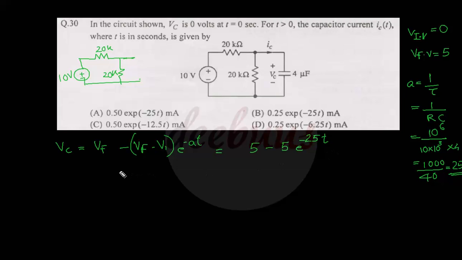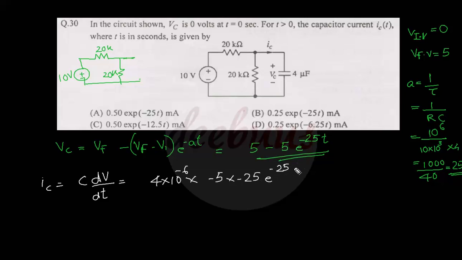This is actually the capacitor voltage, but we have to evaluate the capacitor current. Capacitor current is given by I equal to C into dV by dt. So the capacitor value is 4 into 10 raised to minus 6, into the derivative of this value. The derivative of the constant is 0, minus 5 into minus 25 e raised to minus 25t.